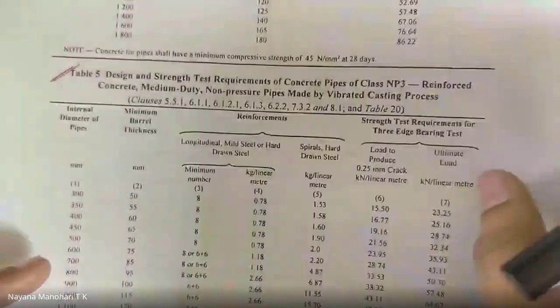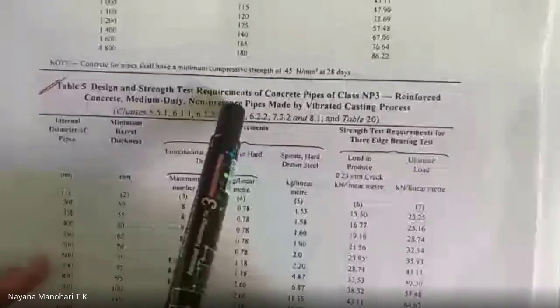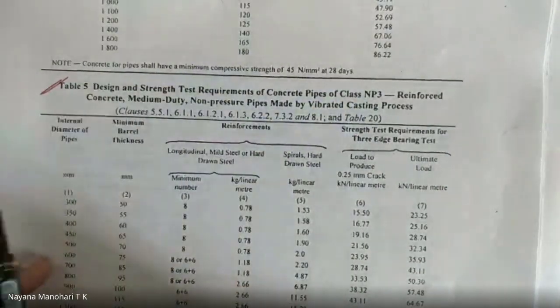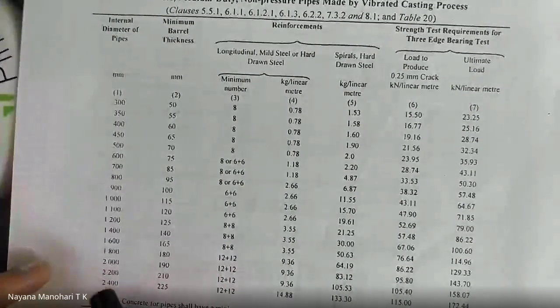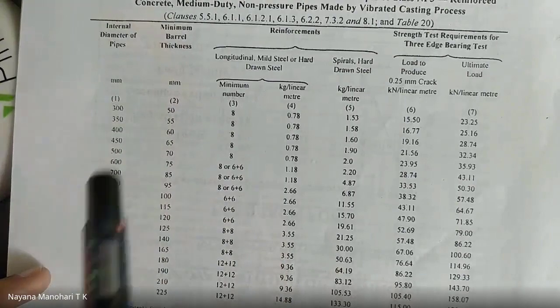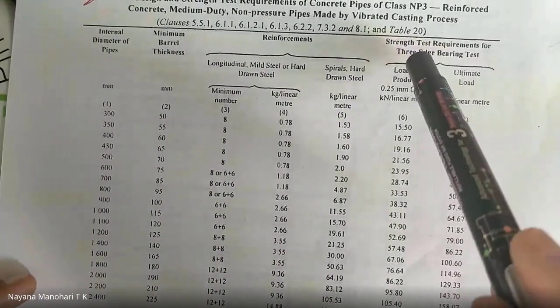From table 5, see here, the design strength test requirement for concrete pipe of class NP3, reinforced concrete. For different internal diameters, they have specified the barrel thickness, and also the 3 edge bearing strength value.